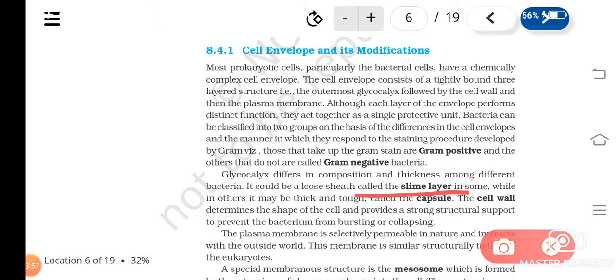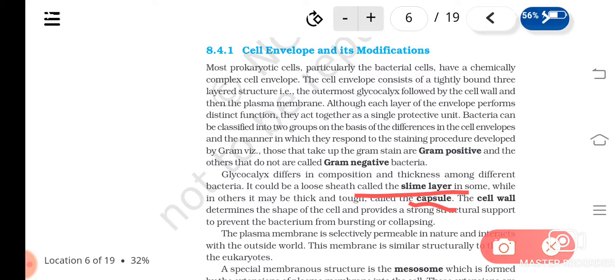In some other bacteria it can be very thick and tough, and then it forms the capsule. Understood? So if the glycocalyx layer is very loose, we call it the slime layer, it is not hard. Sometimes it can be very tough, then it is known as the capsule.